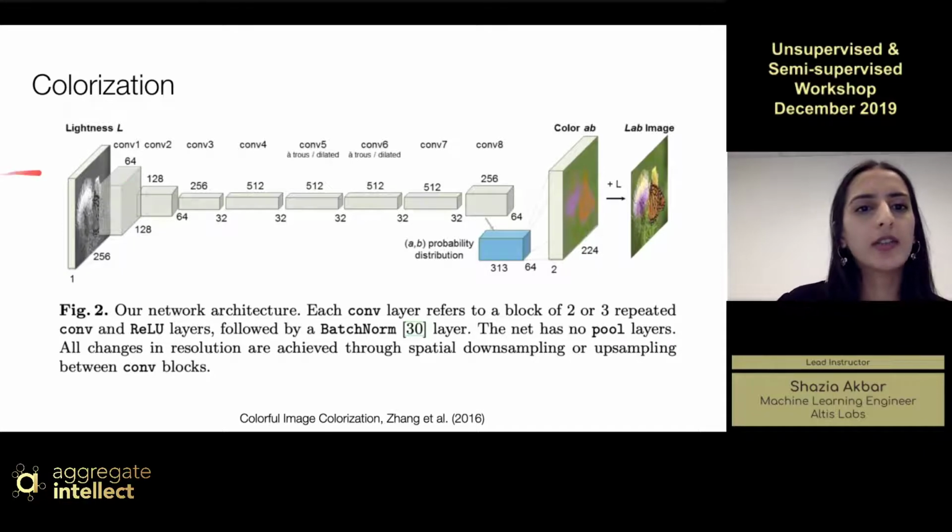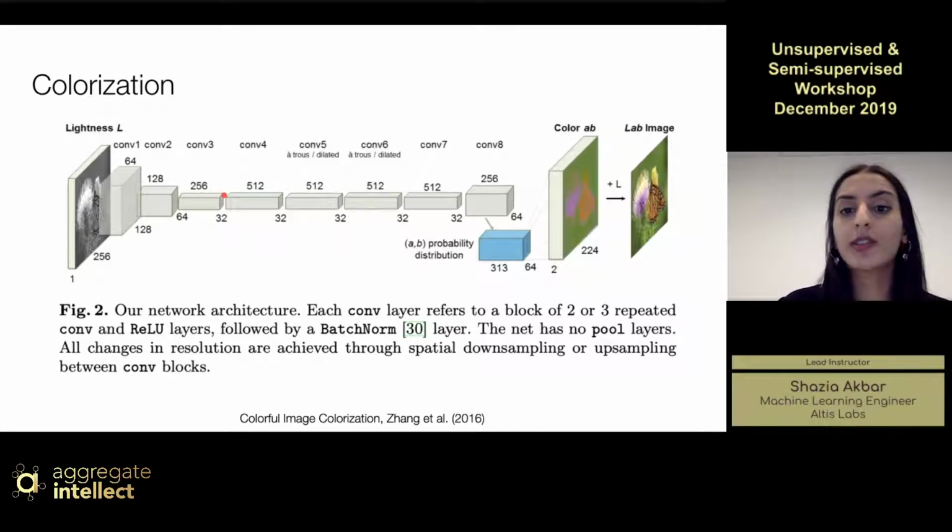You can see that there's a series of convolutional layers from the L component, the lightness component. You'll also notice that there's no pooling layers here. The only way to upscale and downscale images is by using batch norms and just the upsample and downsample layers that you have in PyTorch as well.